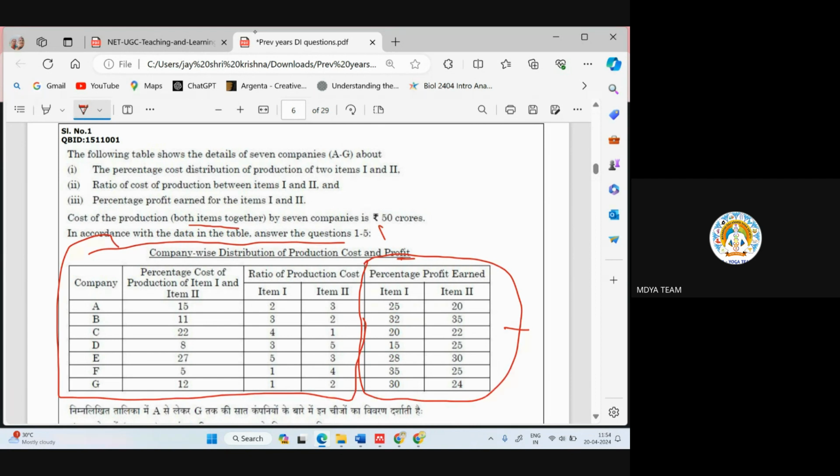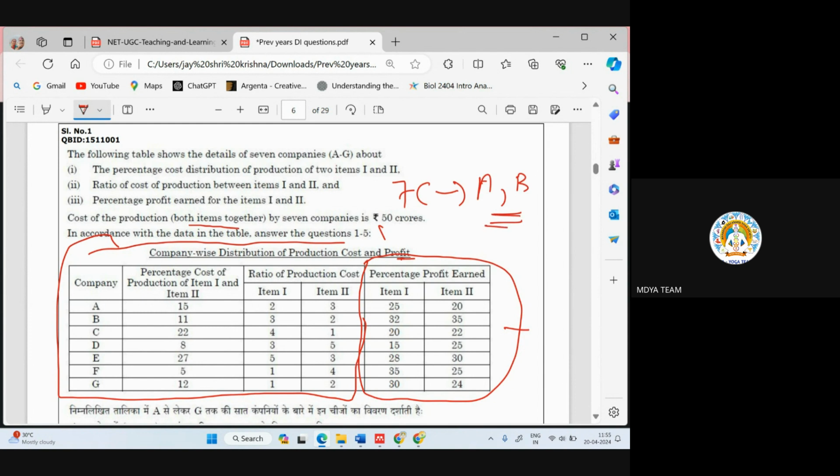There are these companies A, B, C, D, E, F, G. So these are the companies. Seven companies are there. These seven companies are producing two products, product A and product B. Okay.